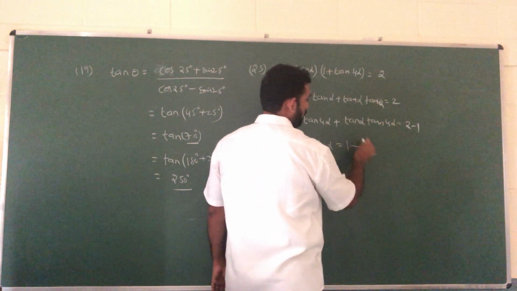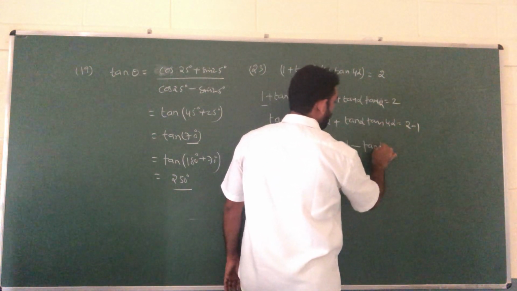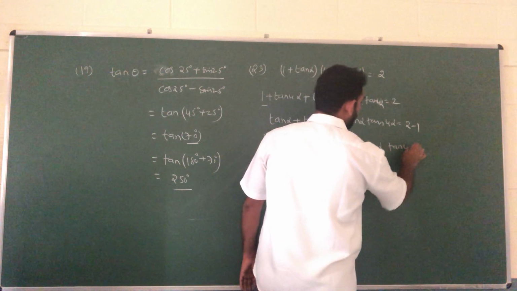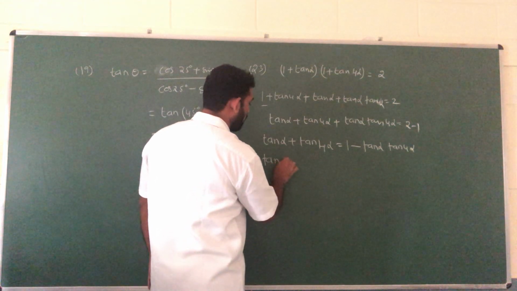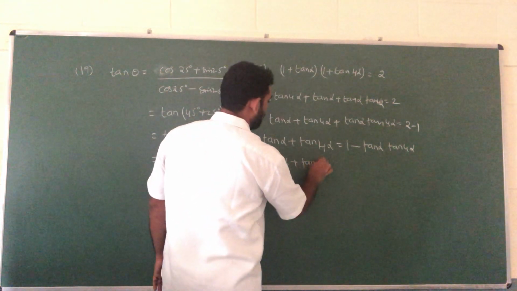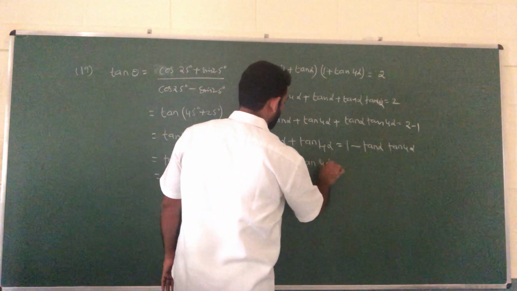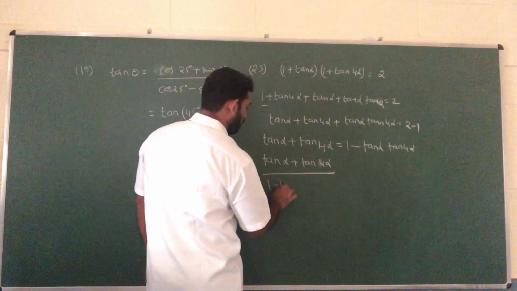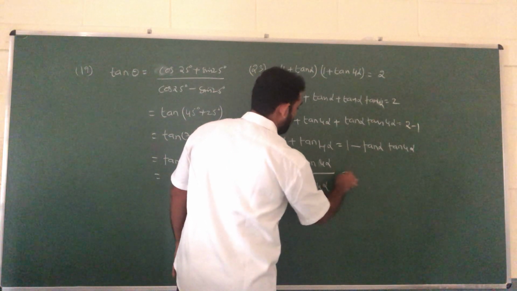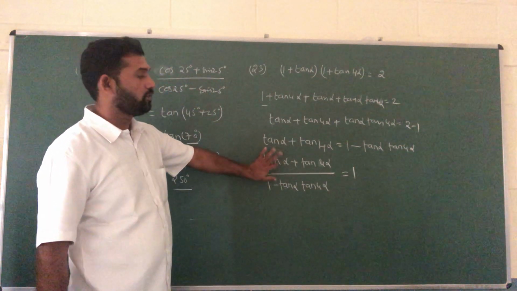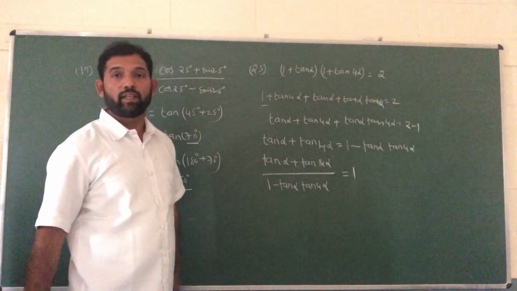2 minus 1 is 1. So tan alpha plus tan 4 alpha divided by 1 minus tan alpha tan 4 alpha is equal to 1. So this is the tan A plus B formula.